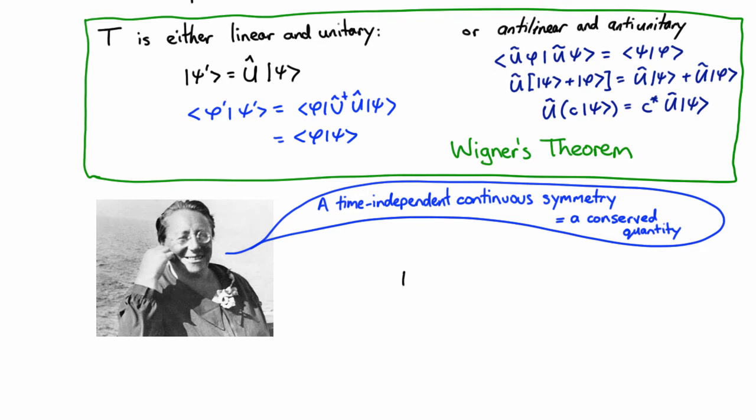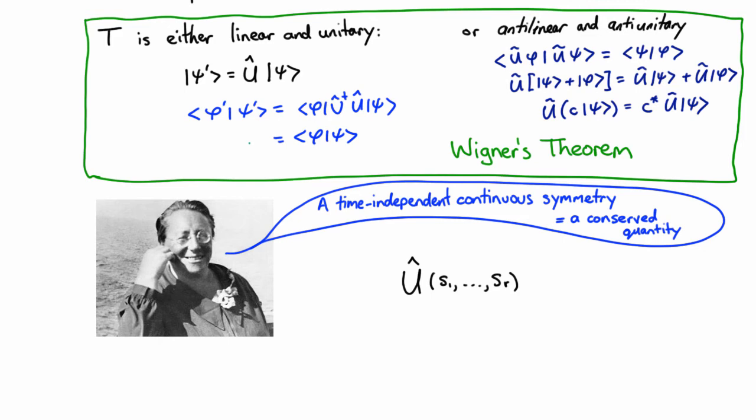Our set of transformations needs to be defined by some continuous parameter; in fact, it can be more than one in general, so we might have, say, R continuous parameters. If we specify each of these R parameters, we end up defining a unitary operator, and that unitary operator defines a transformation. Because all the continuous ones are unitary, all these anti-unitary ones must indeed be discrete, although there are also some unitary discrete transformations as well.